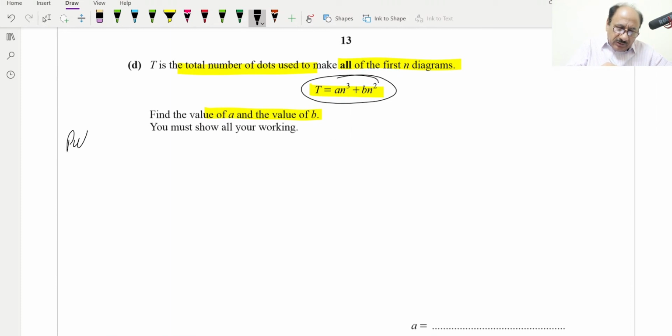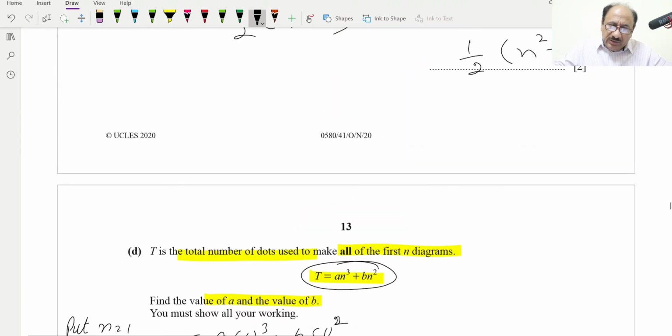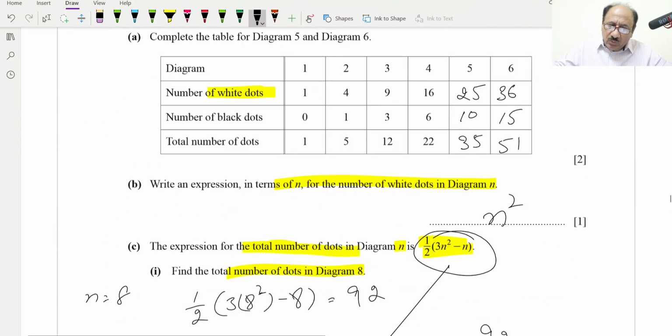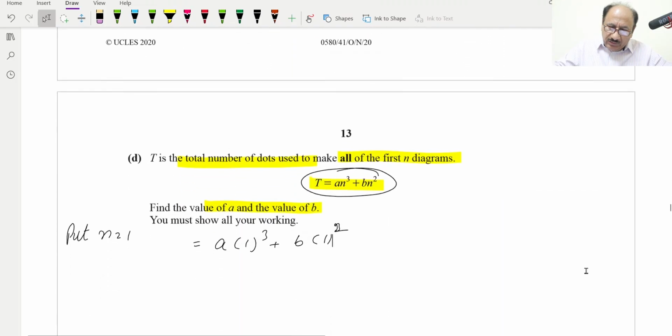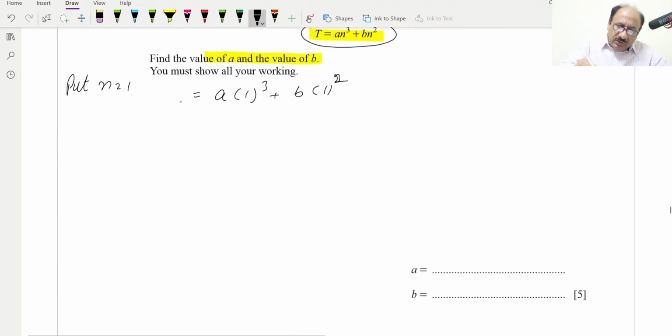So put n is equal to 1, and we will get a into 1 cubed plus b into 1 squared, and n is equal to 1 is 1. So we can write here 1. So our equation will be 1 is equal to a plus b. So a plus b is equal to 1. We can write over here a plus b is equal to 1. This will be our equation 1.